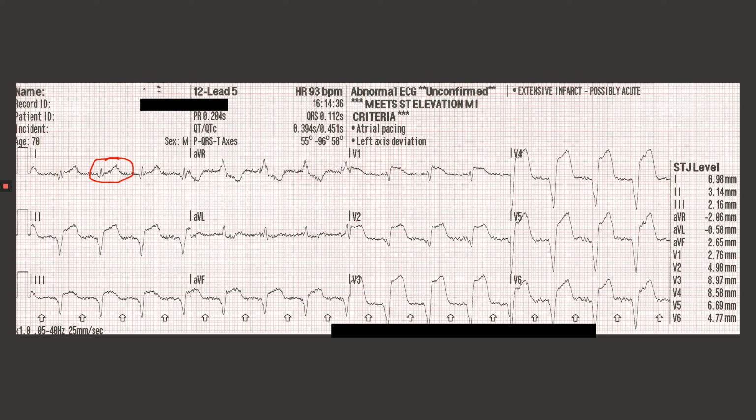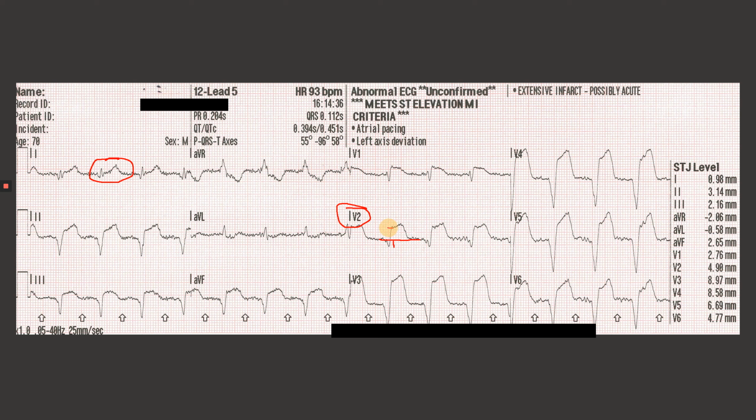But let's take a look at that third criteria, which we really didn't in the first one, and look at the proportionality here. Let's take a look at V2 right here, because this is kind of the easiest, slap-you-in-the-face one. Isoelectric line right here. Height of the QRS is like 3 millimeters.